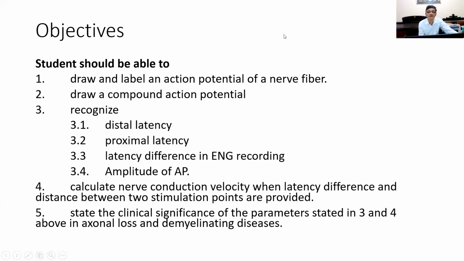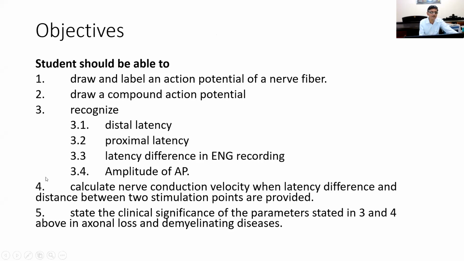Does somebody have any question? Okay, proximal latency is a little bigger than the distal latency. When you calculate the difference between the two, it is called latency difference. And then you must know the amplitude, that is the height of the action potential recorded.